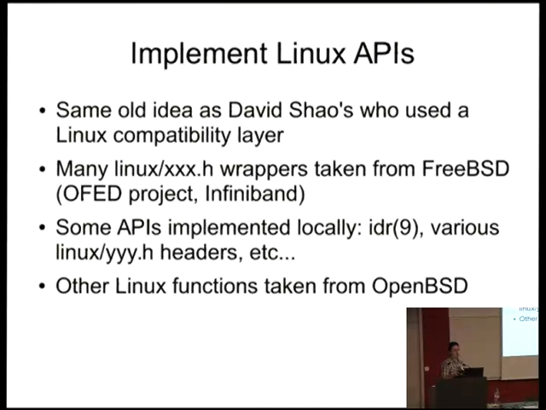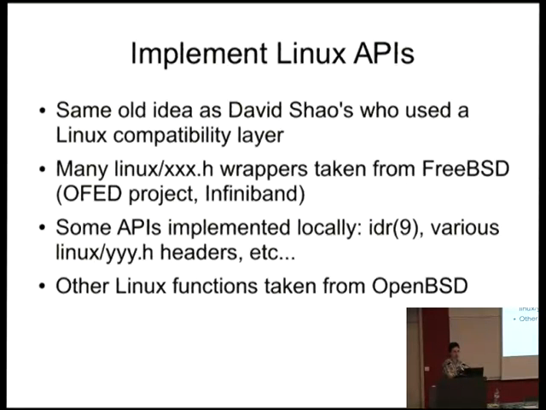Many Linux headers are implemented as is in FreeBSD in something called the OFED project, which is mainly for the use of InfiniBand drivers. We also implemented locally some Linux APIs in the DragonFly kernel, such as IDR, various different Linux headers, and so on. And I also took many Linux functions directly from OpenBSD, where the OpenBSD guys already did the same thing and tried to use Linux APIs.